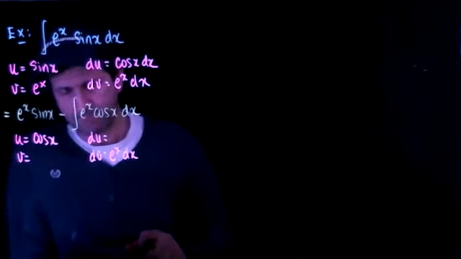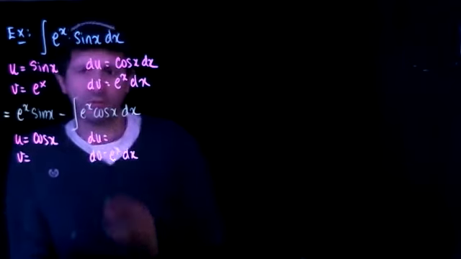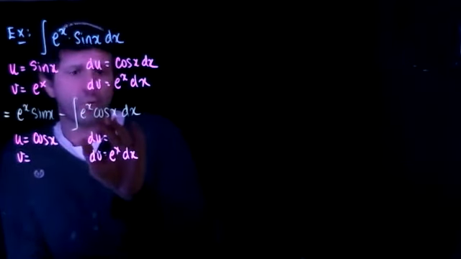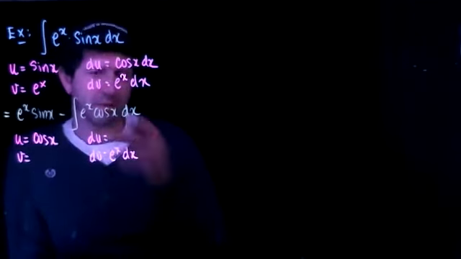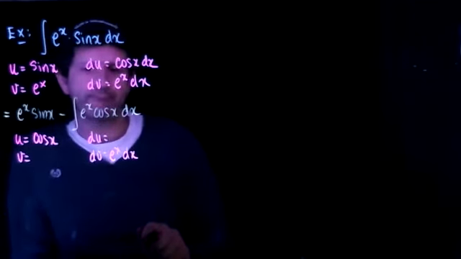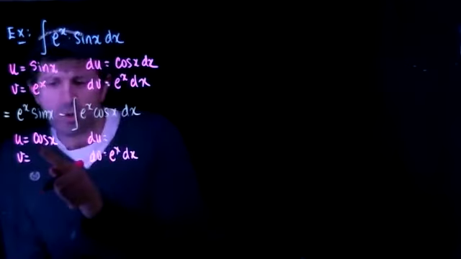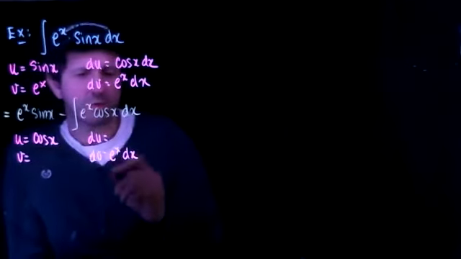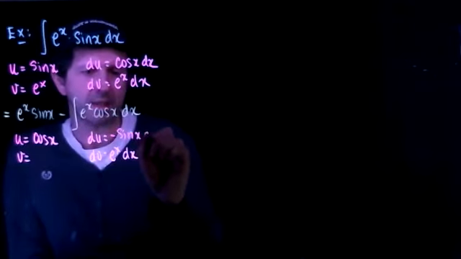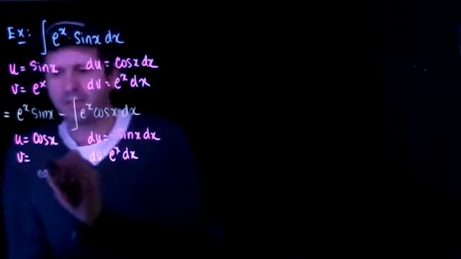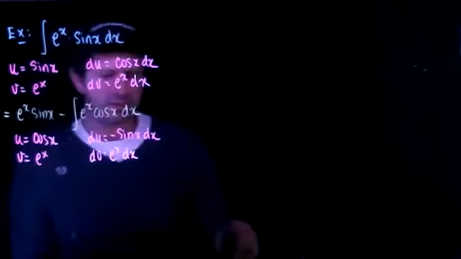We're doing by parts again, like the second time, for this integral. So this is done. Now we have a new problem: to evaluate this integral, or find the antiderivative here. So cosine, what's the derivative of cosine? Minus sine. Very nice. So minus sine x dx. And e to the x dx, the antiderivative is e to the x.